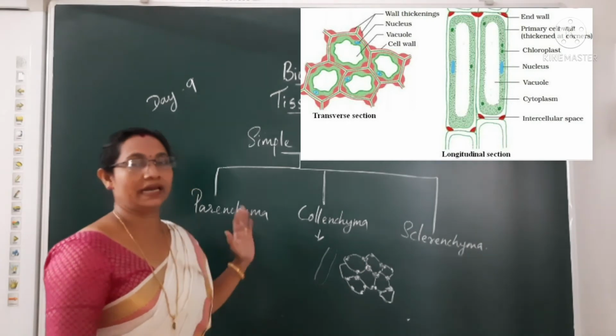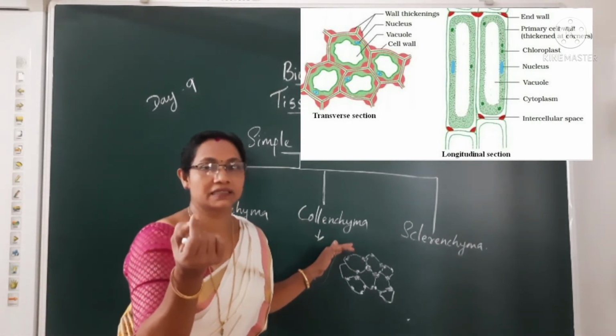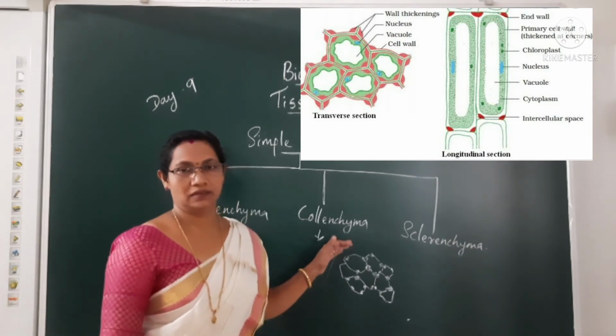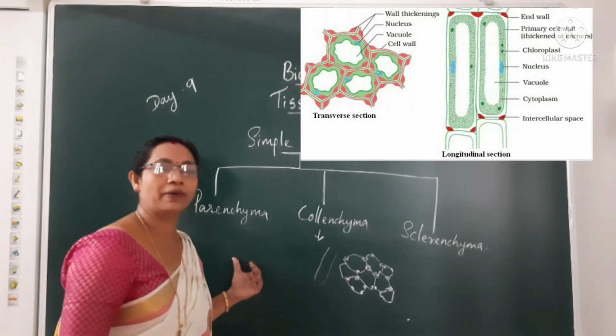Compared to the parenchymatous tissues, collenchyma have very little intercellular spaces. So they are more tightly packed than the parenchymatous tissues.